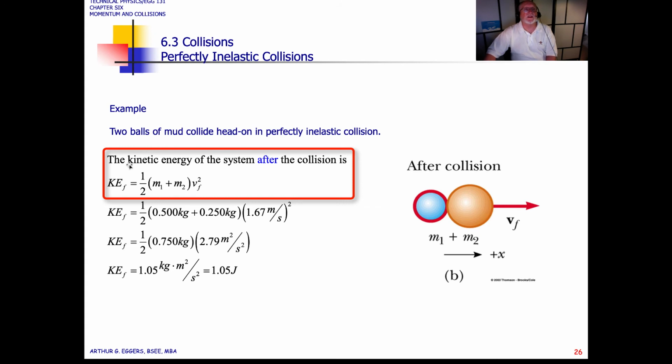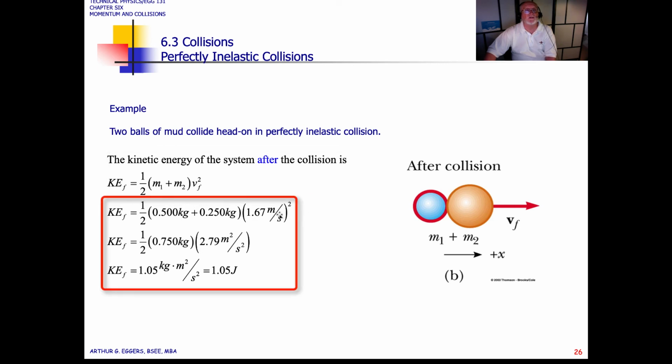Next, they ask what the kinetic energy of the system after the collision is. So now we take the kinetic energy final, which is the two balls slammed together, 1/2 (m1 plus m2) v final squared. We put our numbers in, half a kilogram plus a quarter of a kilogram, multiplied times that 1.67 meters per second squared that we just solved for.